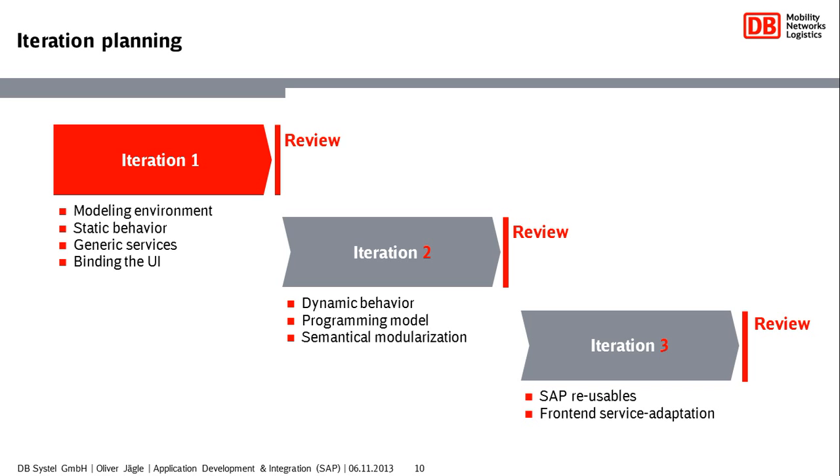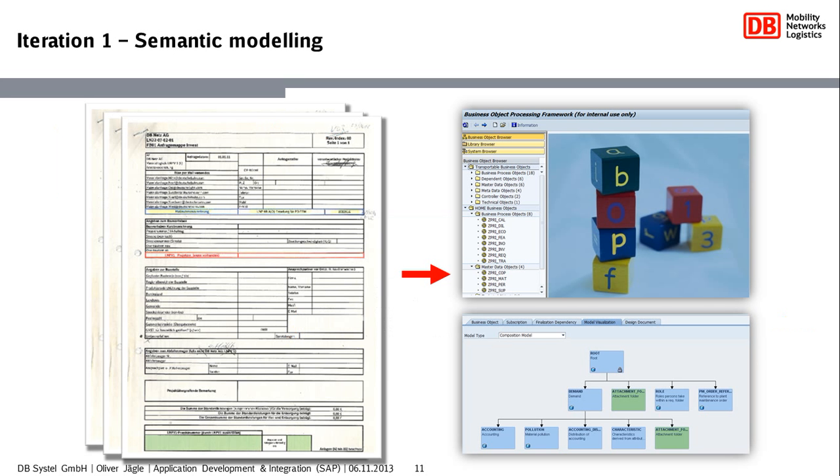So let's have a look at the first iteration. The first iteration was actually about translating business documents into a model in the system. And that includes reading this functional specification, which in the best case has something like a domain model description in it.